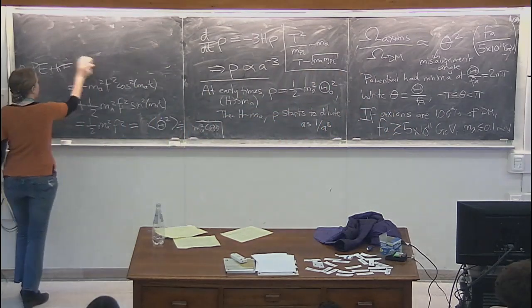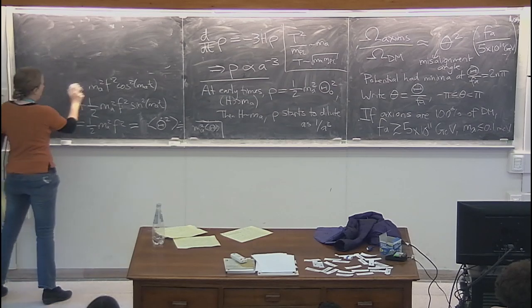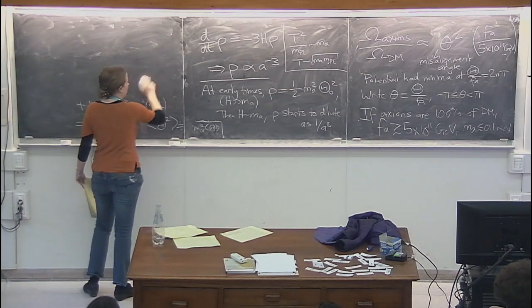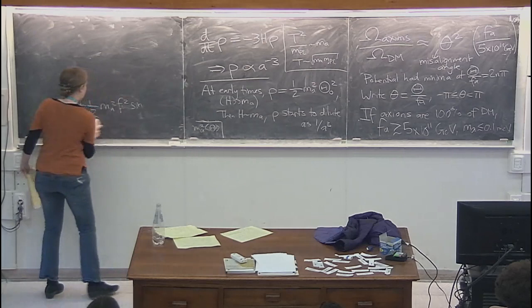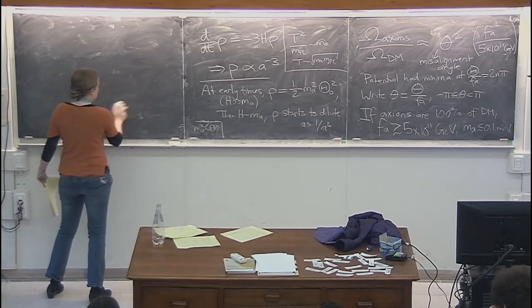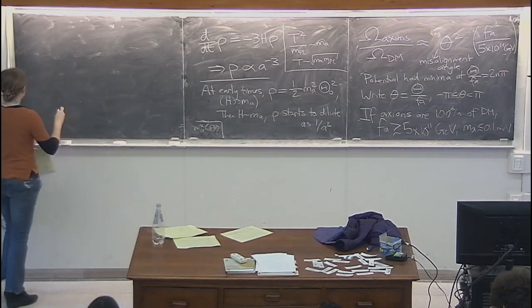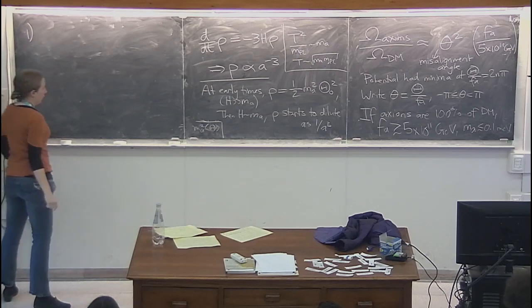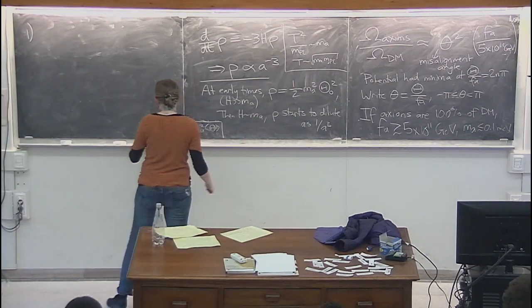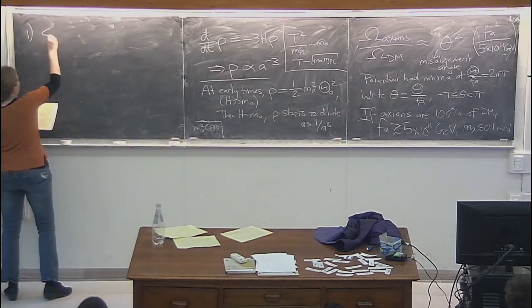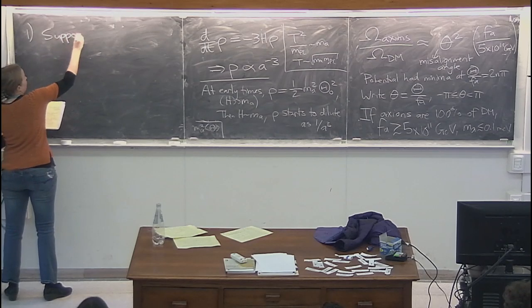Situation 1 is that whatever physics set this initial condition, whatever physics placed that axion at that position in the potential, happened after inflation.